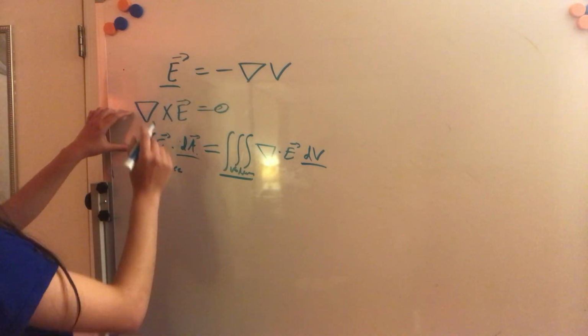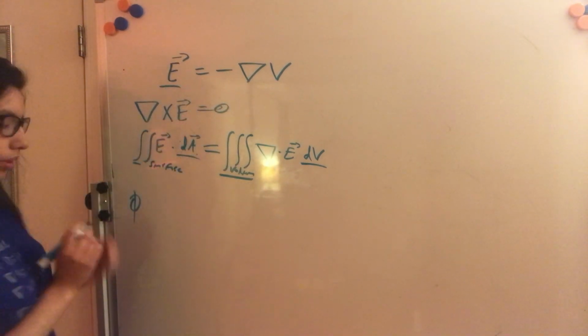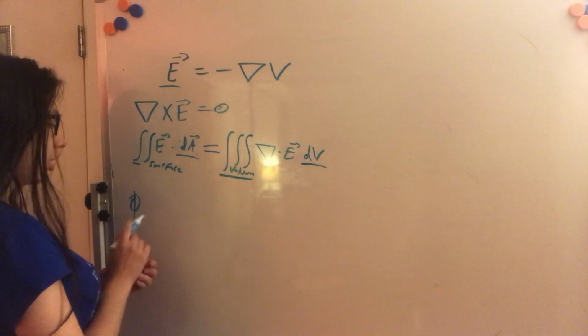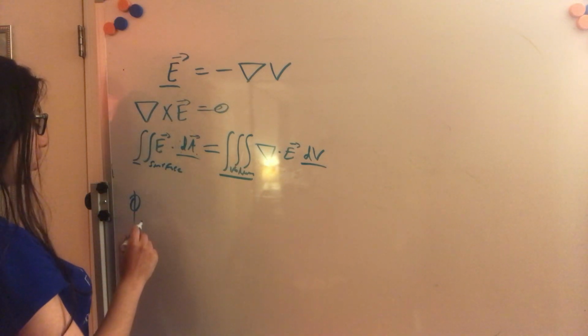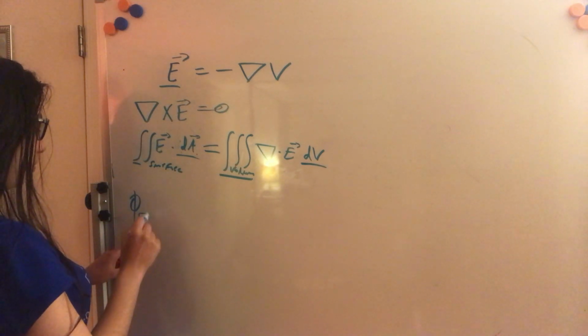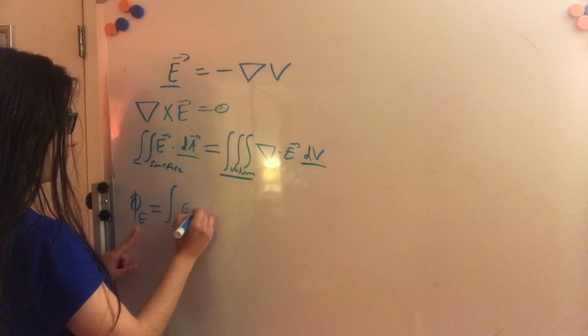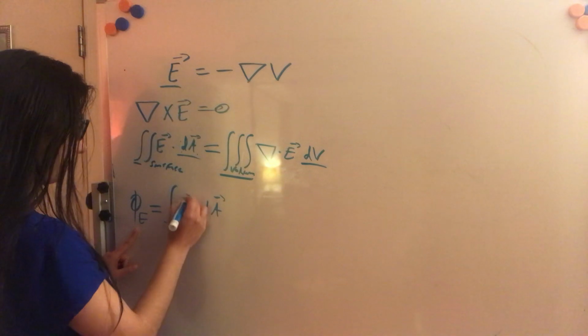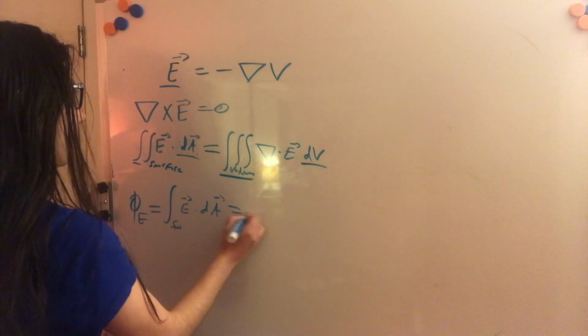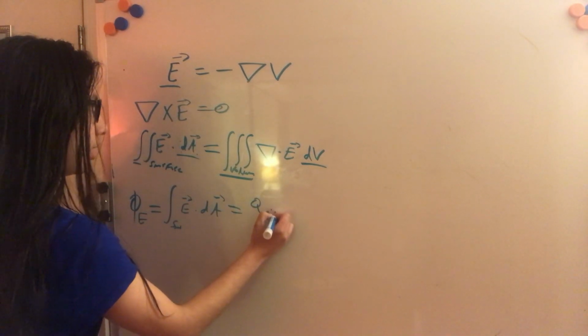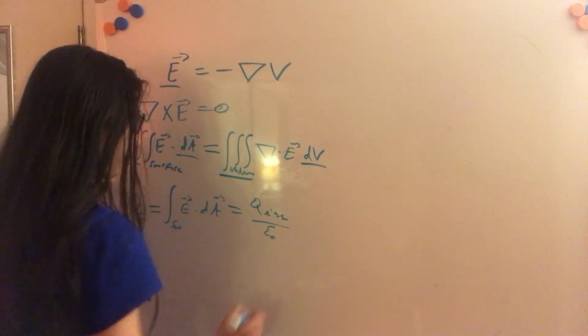We can put it in the first equation of Maxwell, or the Gauss equation for electricity, is that the electric flux is equal to the surface integral of the electric field dot dA. So, and this is equal to the charge inside divided by epsilon naught.